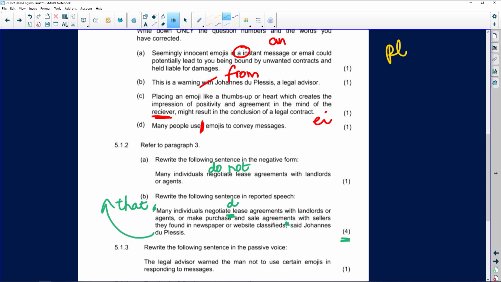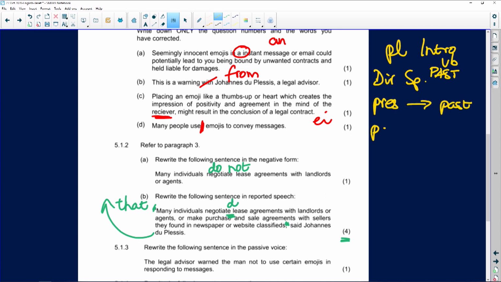I've changed my verb. Now remember, you change your verb. In the direct speech, if the introductory verb is in the past, then everything goes back 1 into the past. So if it's in the present tense, it goes to the past tense.